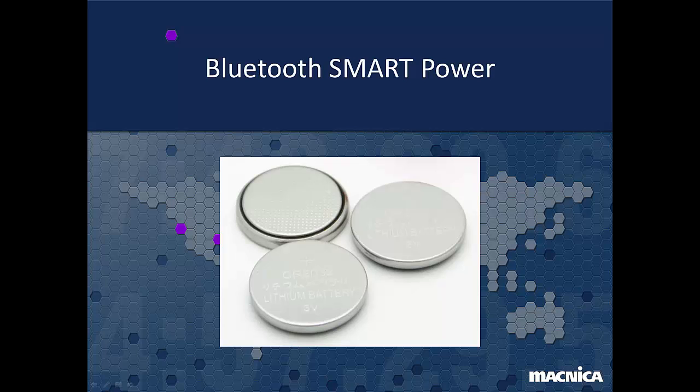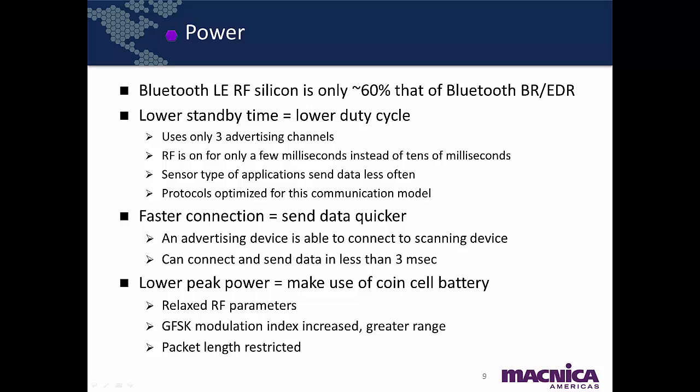Speaking of power, what does Bluetooth SMART mean when it claims to be low power? First off, the physical silicon required to create the BLE radio is only about 60% that of a standard basic rate or enhanced data rate Bluetooth device. And since Bluetooth SMART is designed for infrequent small data packets, that radio can be off most of the time.